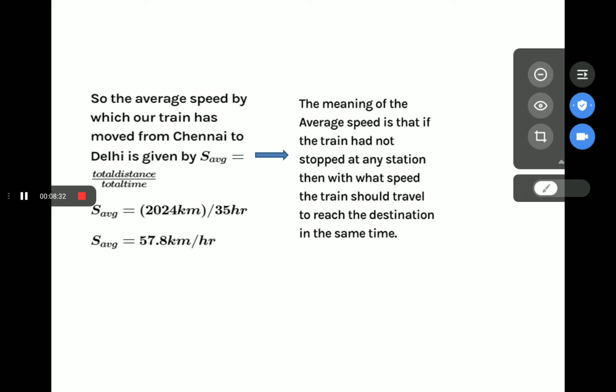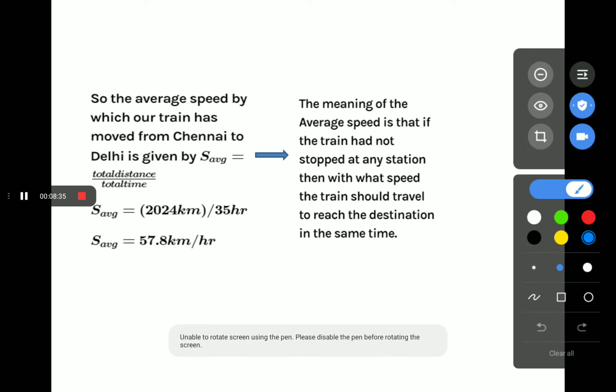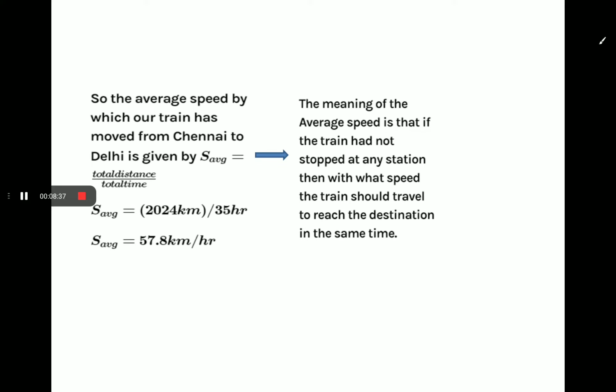If the train does not stop at any particular station, then with what speed does the train have to travel so that it can reach the destination in the same time? That speed is called average speed.